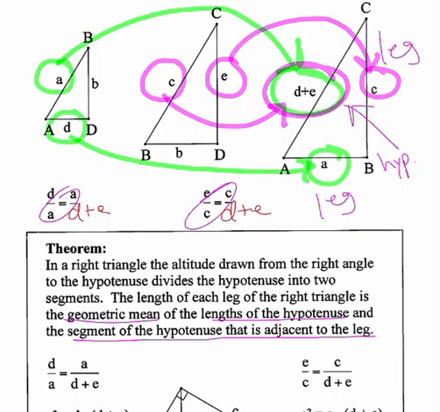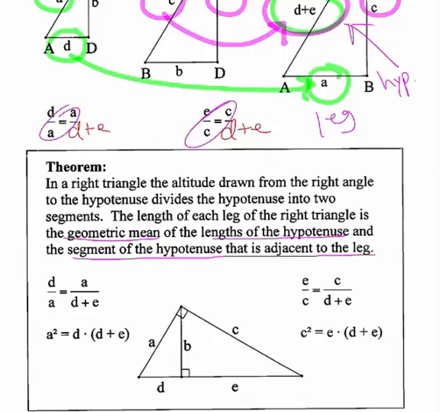Or as I say it, the leg squared is always going to be equal to the part that it touches and the entire hypotenuse. So let's look down here at a clearer picture where you have all that drawn out.